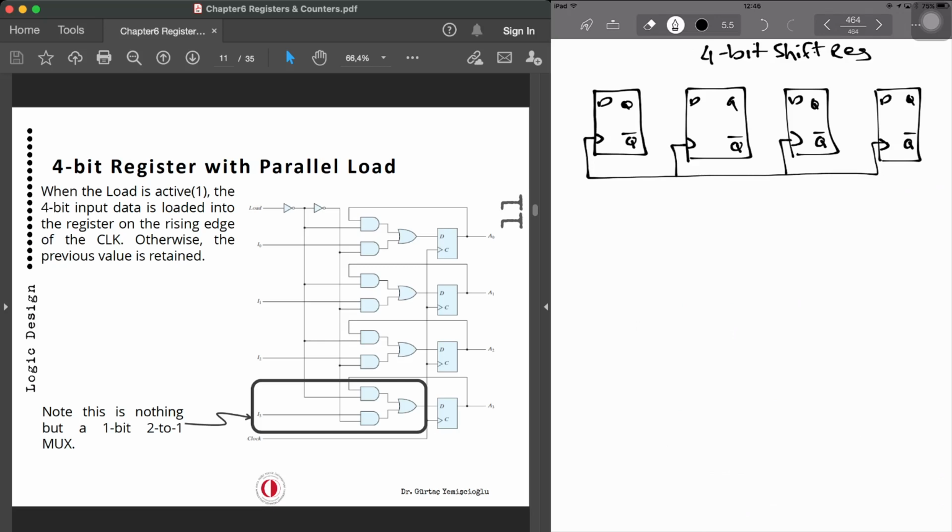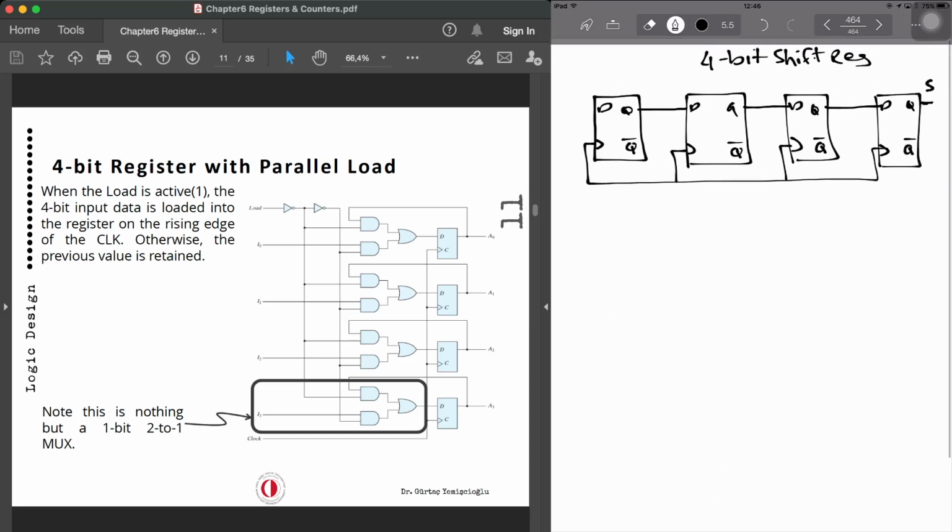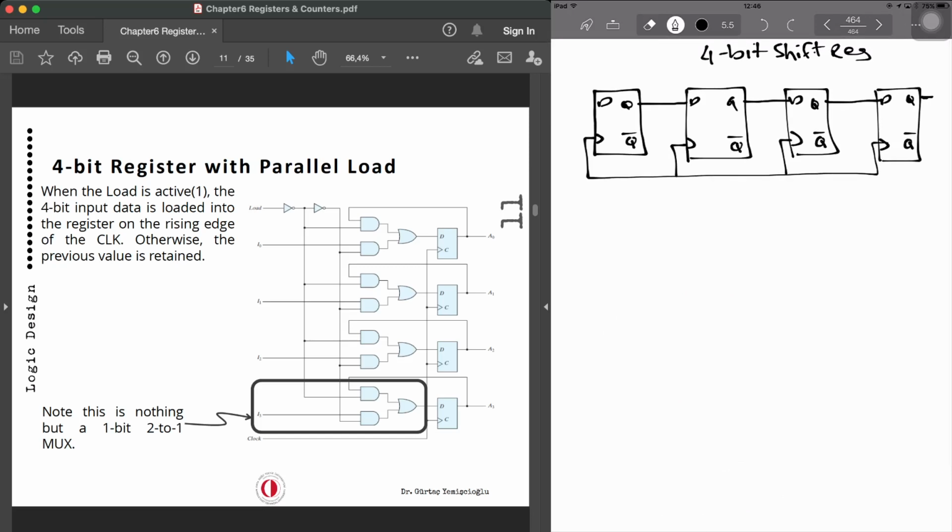Now, a shift register, as it suggests, is shifting the values from one end to the other. So this is directly connected. The output of one is connected to the input of the other one. And this one is known as serial out. I'm writing over here.